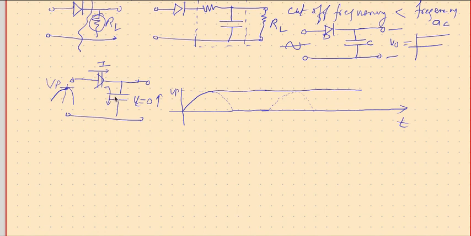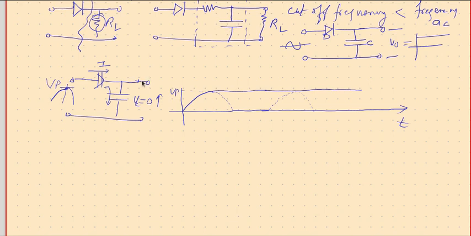Another reason for discharge is that the medium between the two plates is not a perfect dielectric, hence there is leakage here, and because of which this voltage keeps reducing. And one more reason is the current flowing into the load resistance, which will discharge this capacitor.